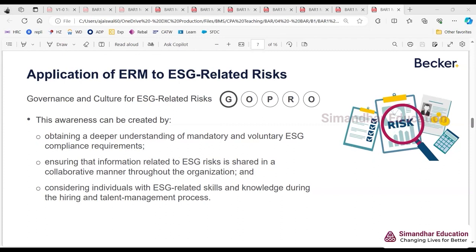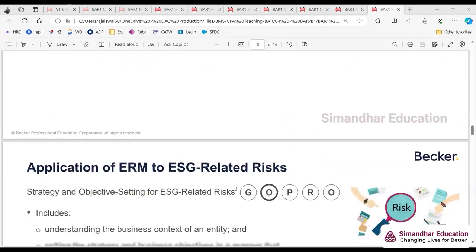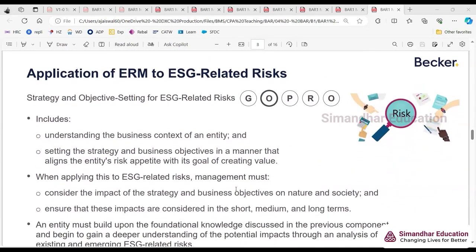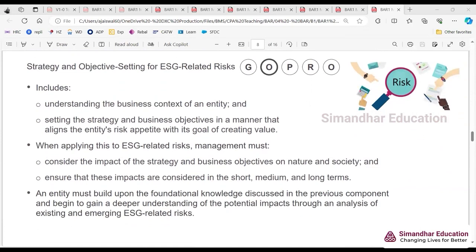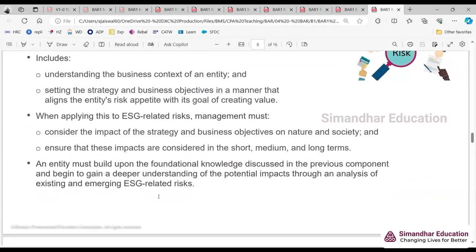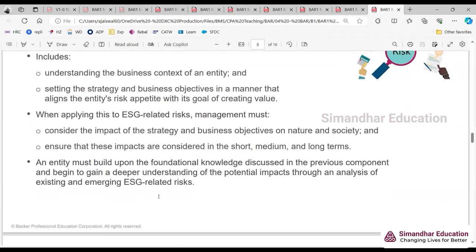If they are not aware, if they are not trained on that, how are they supposed to manage it, or how are they supposed to accept it, right? So it will include that we have to understand the business context also, and then set up the strategy and business objectives. So all these are generic logical statements.